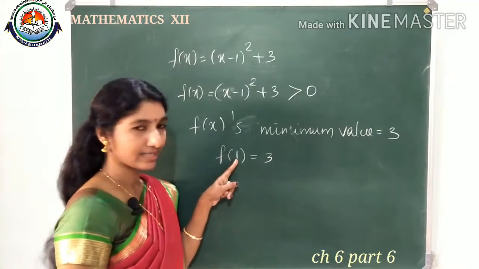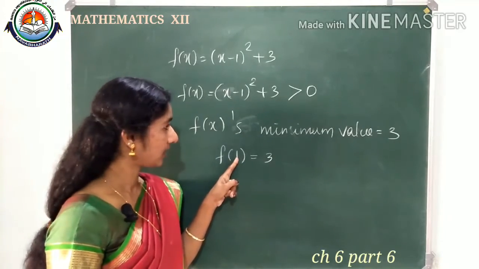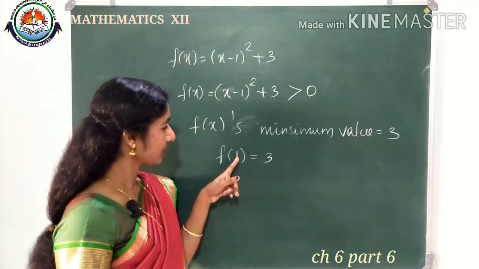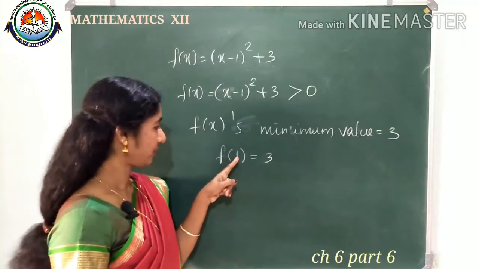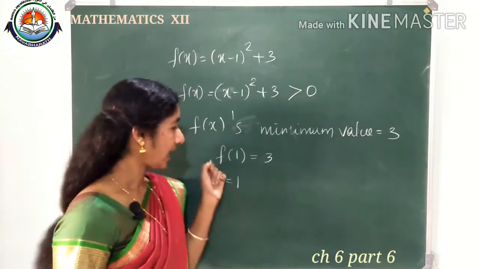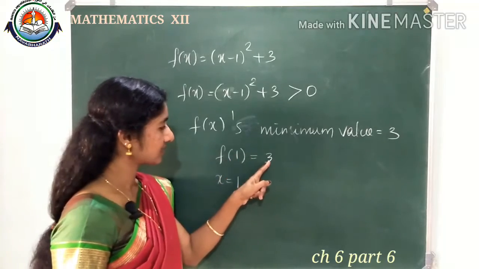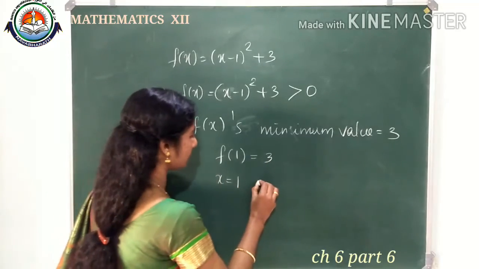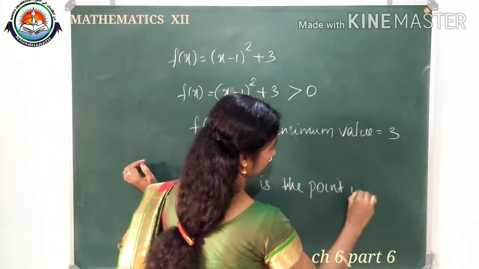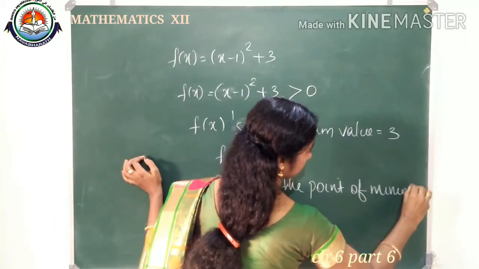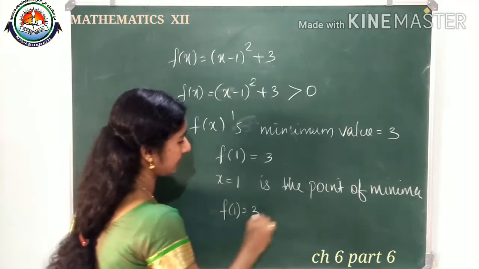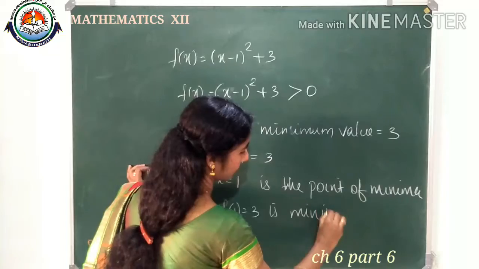It has only one minimum value, the least value, so we call it the minimum value, minima. x equal to 1 is the point of minima, and f of 1, that is 3, is the minimum value.